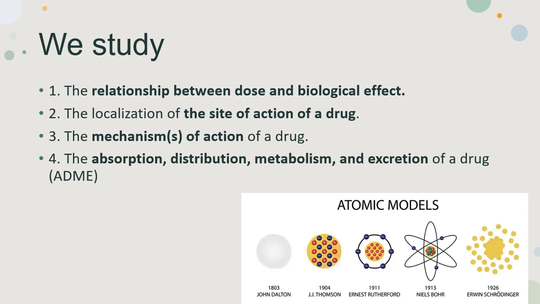And I have these atomic models here because, just like with any model, we know they're inaccurate, but they're still useful. We have a model of whatever site of action is present or whatever mechanism of action is working. The model is helpful, but it only tells us so much, and so we have to have an open mind with that.